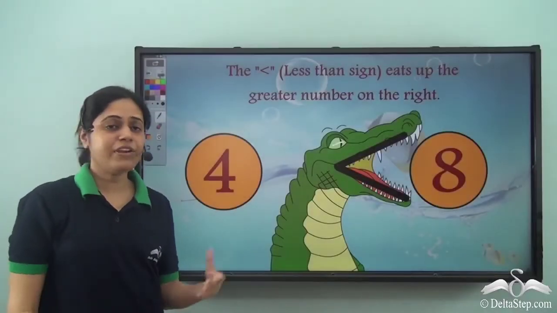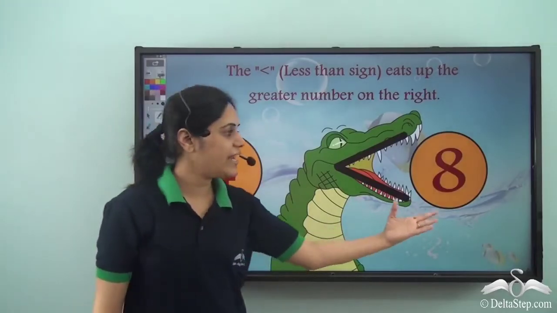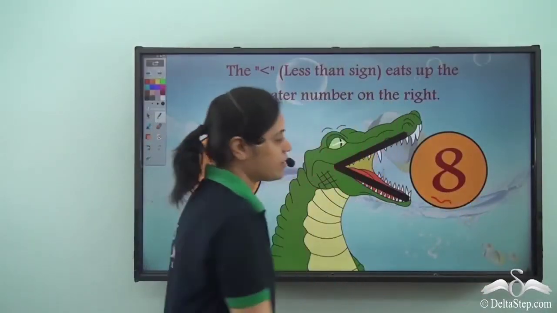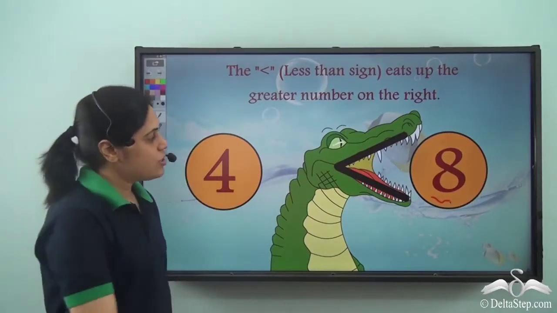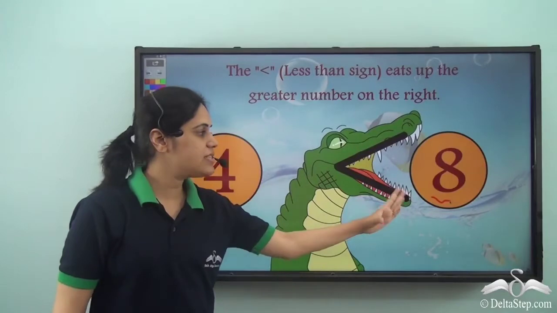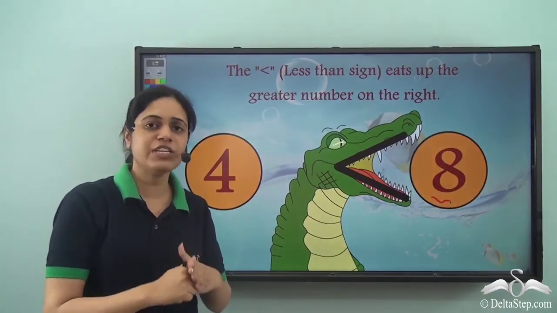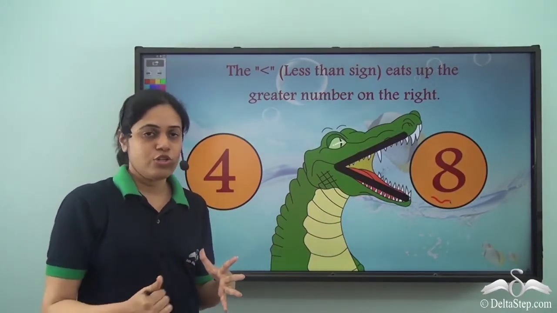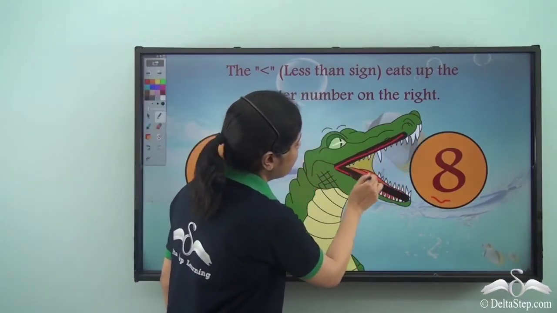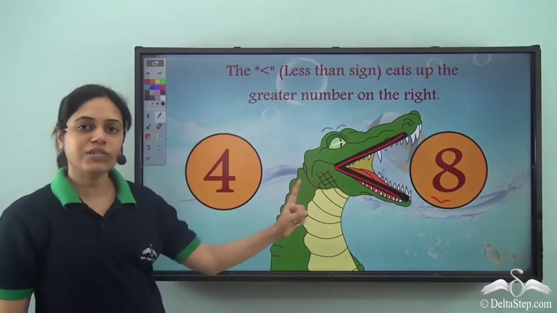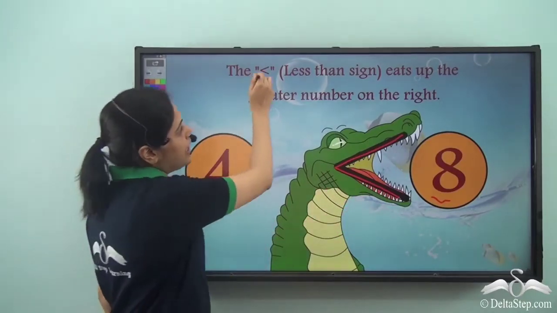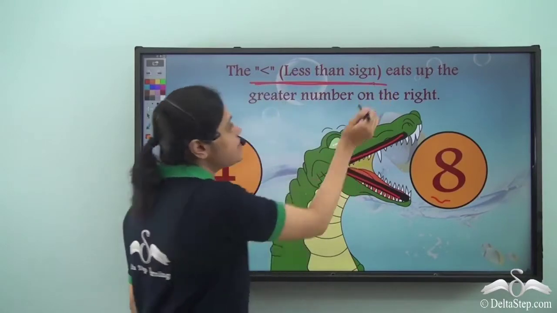Now once again we have two numbers 4 and 8. In this case 8 is the bigger number. So the evil alligator will open his mouth towards 8 because it always wants to eat more. So we see that his mouth is open towards 8. And this symbol is the less than symbol or the less than sign.